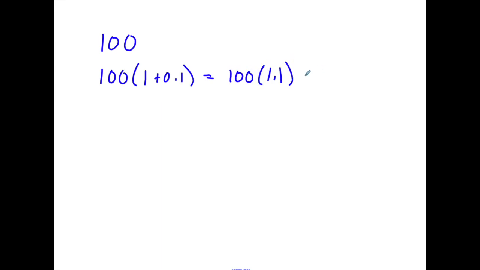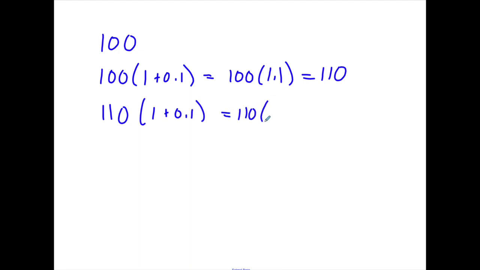So first, what we had is we started with 100. And then what we did is we did 100 times 1 plus 0.1. And we said, okay, well, that's 100 times 1.1. And that's 110. And then what we did, well, we did 110 times 1 plus 0.1.